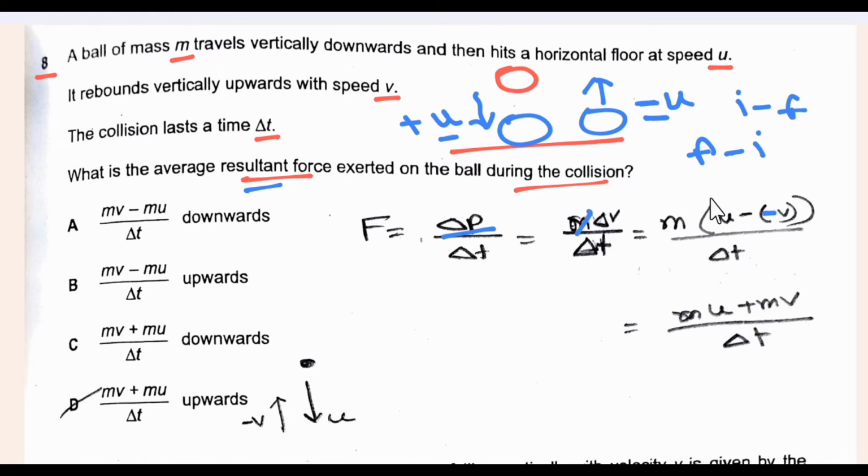For final momentum the velocity is negative. After subtracting, since minus minus becomes plus, this becomes our equation, and this is the same as option D.